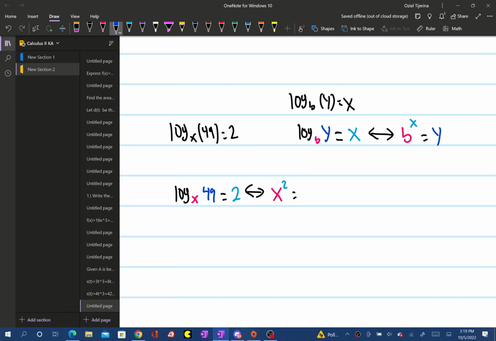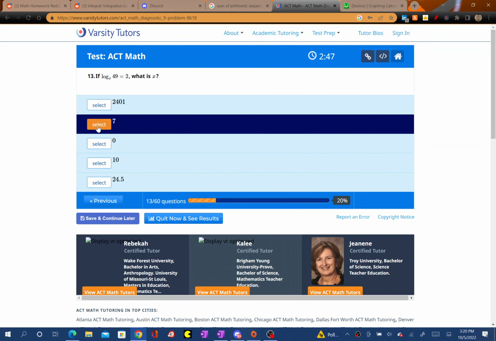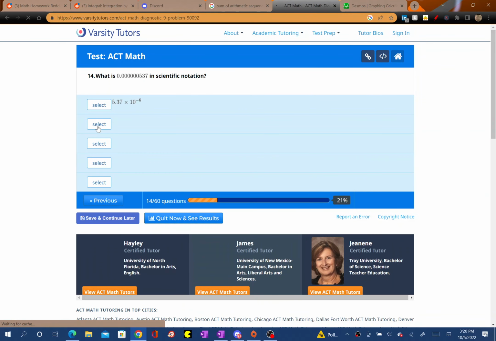So if we solve x squared equals 49 for x, take the square root, and you get x equals 7. It's not going to be negative 7. It's going to be 7.